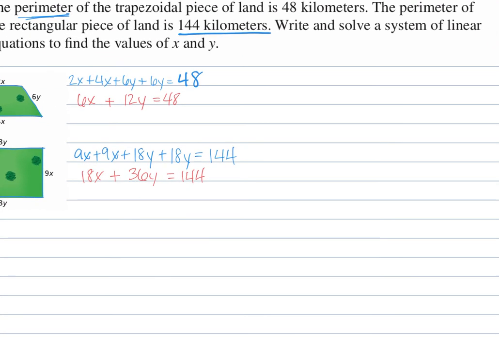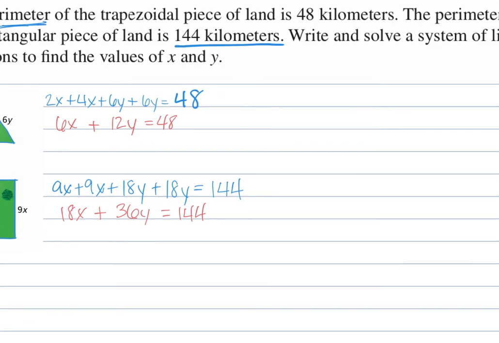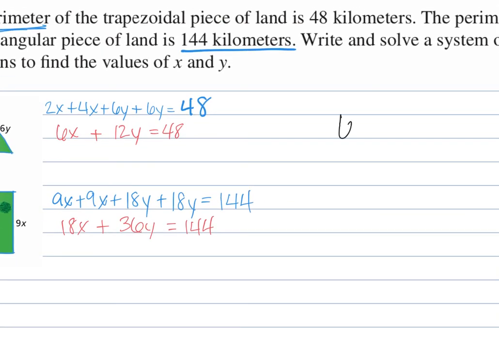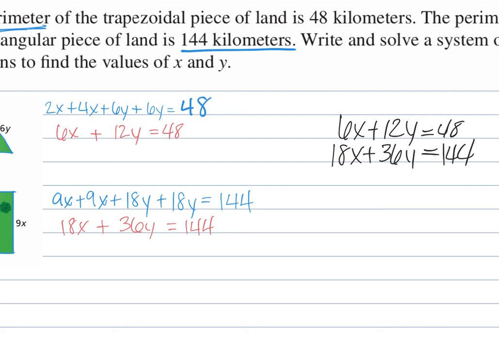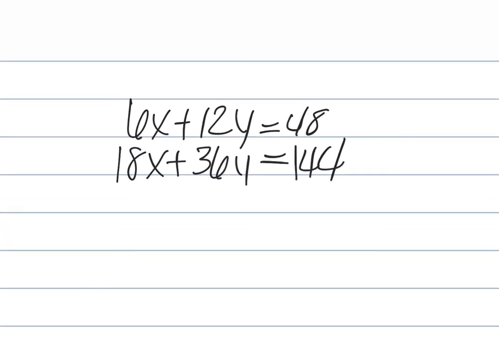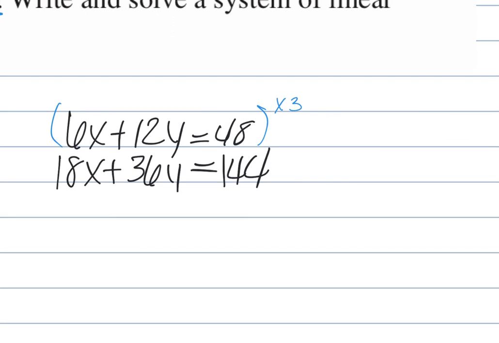So we have two equations. Let's write them again over here, up and down, right above each other. 6x plus 12y equals 48. And the second one was 18x plus 36y equals 144. And now that we have this, all we need to do to solve these equations is take the top one, multiply it by 3, so that we get a match, because we're trying to match up 6 and 18.